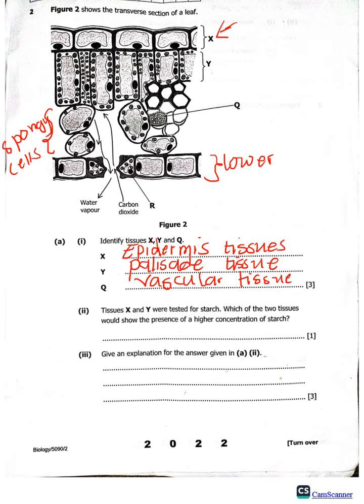Now let's look at Roman number 2. Tissues X and Y were tested for starch. Which of the two tissues would show the presence of a higher concentration of starch?